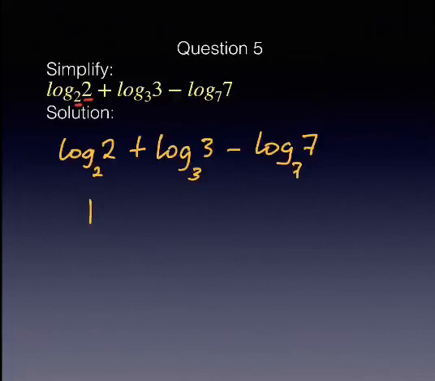Then log 3 base 3 is 1 as well. Then minus log 7 base 7, which is 1 as well. So actually here I have 1 plus 1 minus 1, which is going to give me outcome as 1. That's it. Then we move on to the next part.